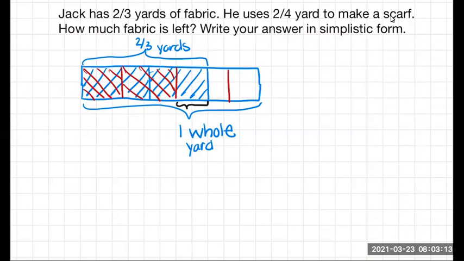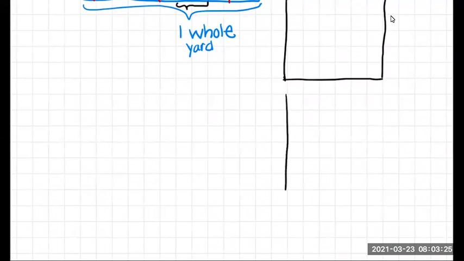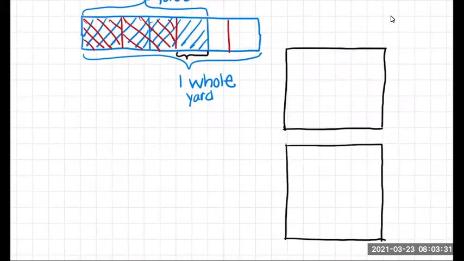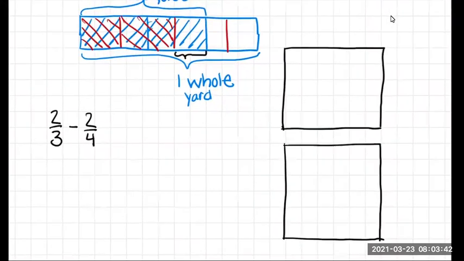So we can draw our area models, which I'm going to draw them up, down. And we know we want to subtract, right? We want to subtract our two pieces. So 2/3 minus 2/4. Okay.